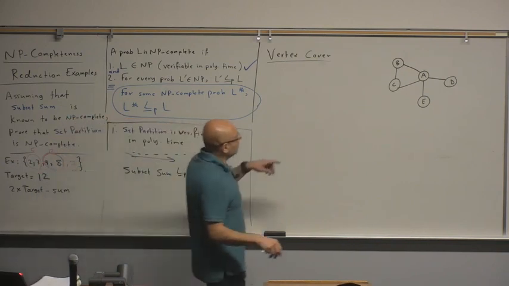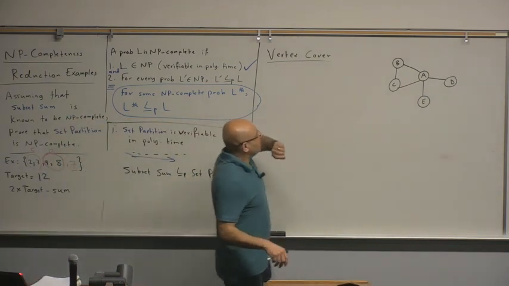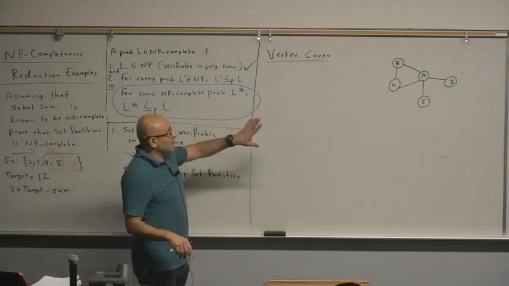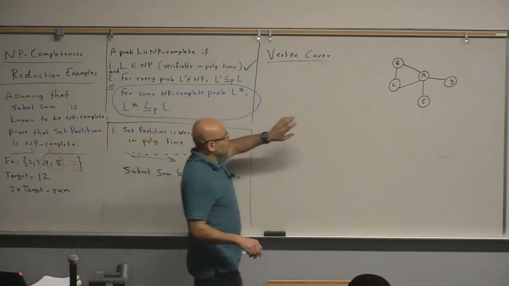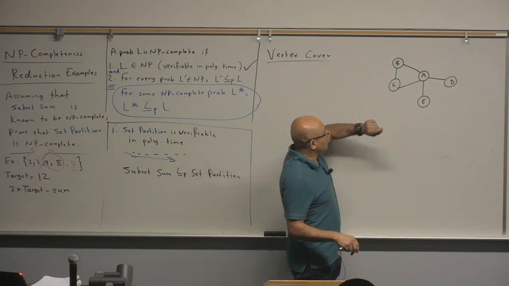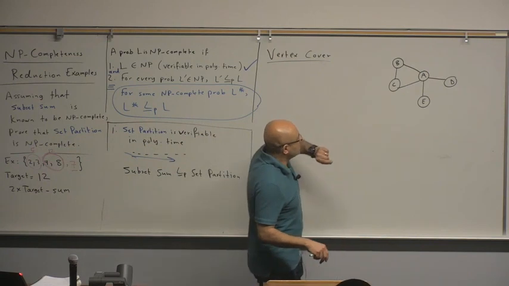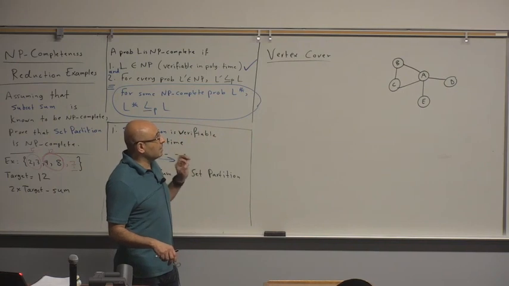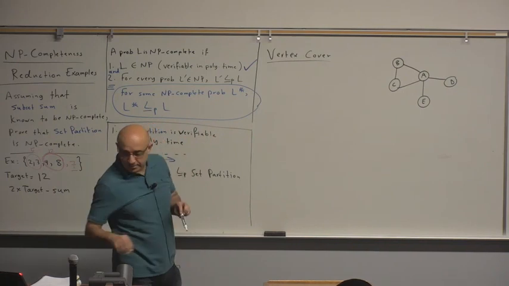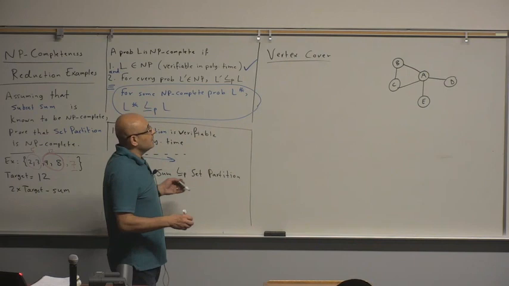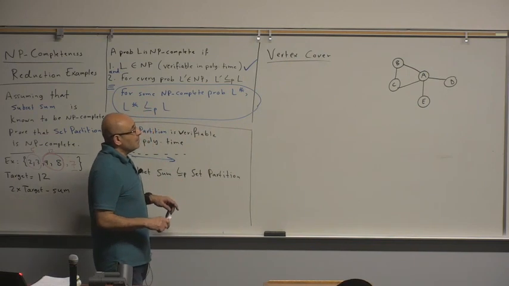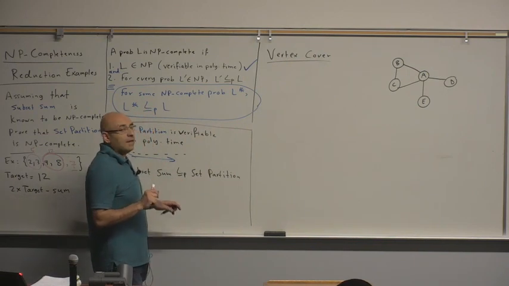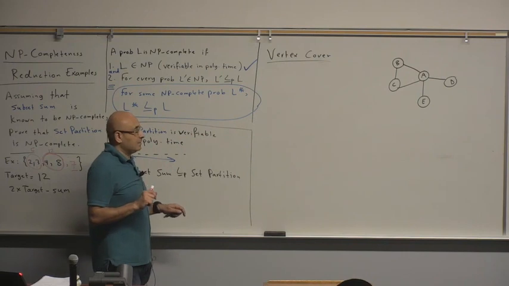So if I give you a graph like this, now you are given a graph. You need to find a minimum number of vertices that covers all edges. So you need to select the minimum number of vertices such that every edge in the graph is covered.